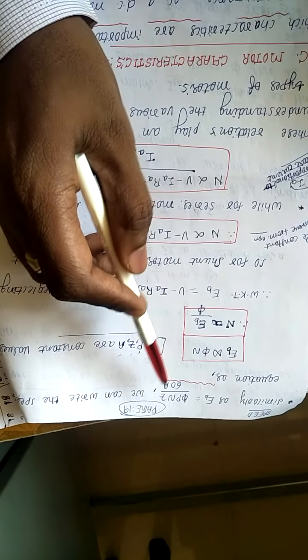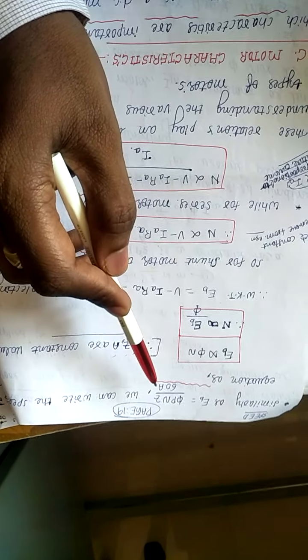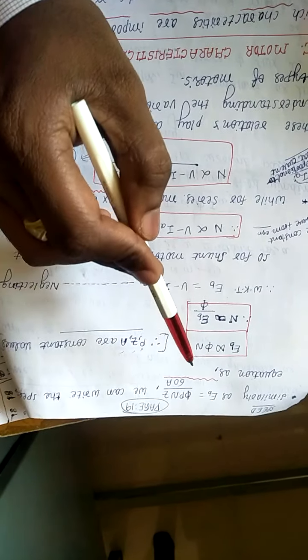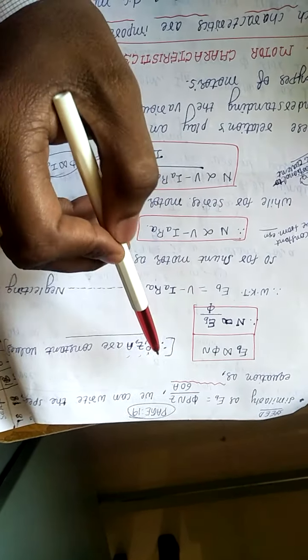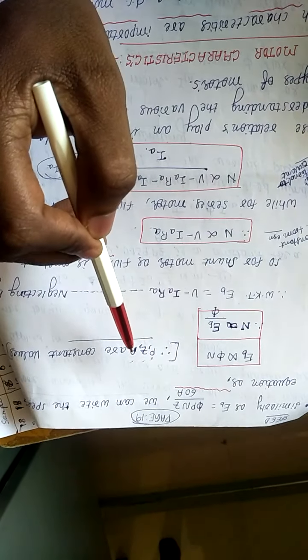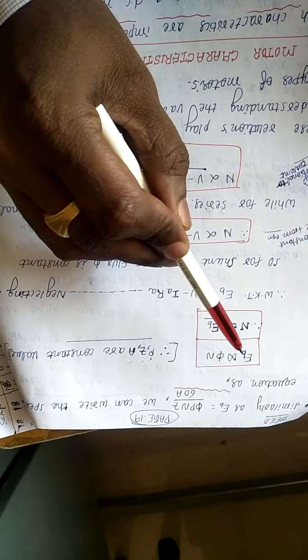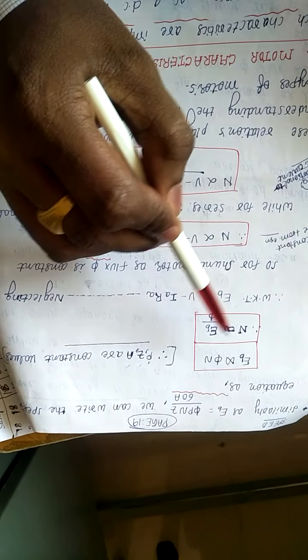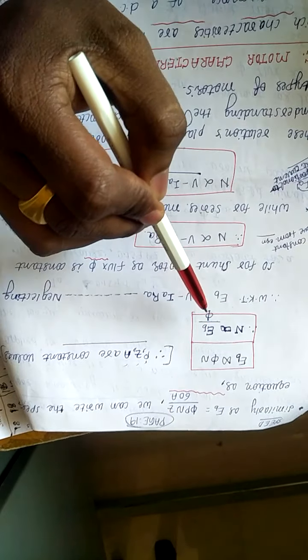This derivation I did in the last class; here I have taken the expression directly. In this expression, P, Z, A are constant values. Then you are left with Eb directly proportional to φ and N, so N is directly proportional to Eb by φ.